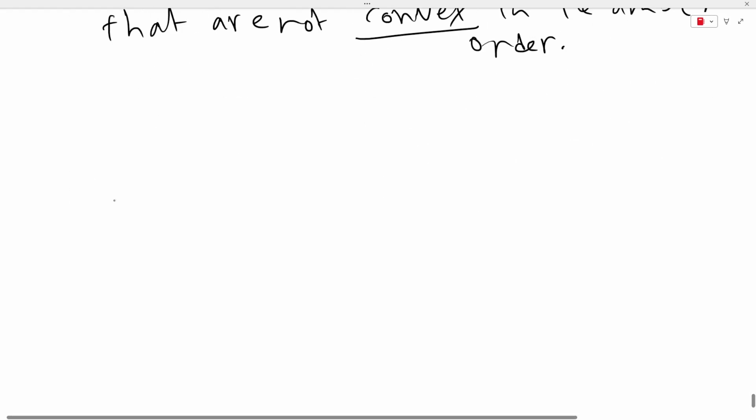So let's move on to convexity. Convex sets. Okay, wait.